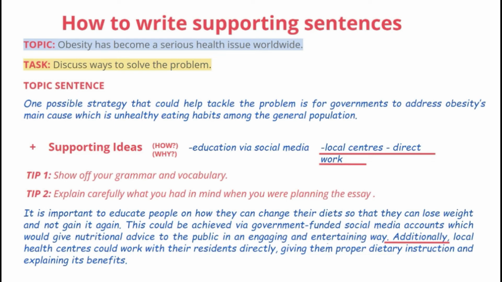And I wrote about my second idea. Local health centers could work with their residents directly, giving them proper dietary instruction and explaining its benefits. Still, this last sentence, even though I introduced a new idea, is still connected to the topic sentence because it explains how the cause of obesity can be addressed in a different way.